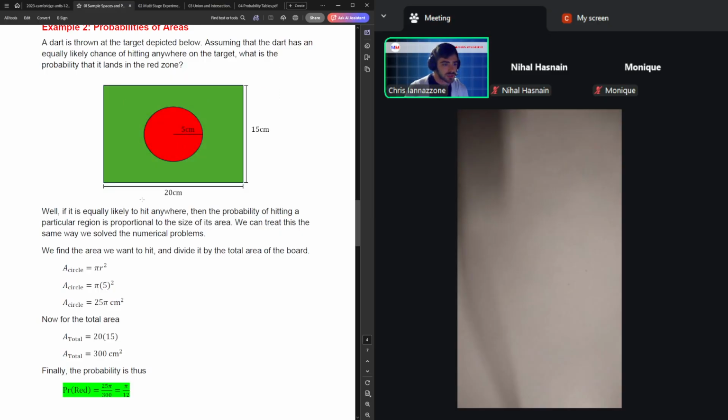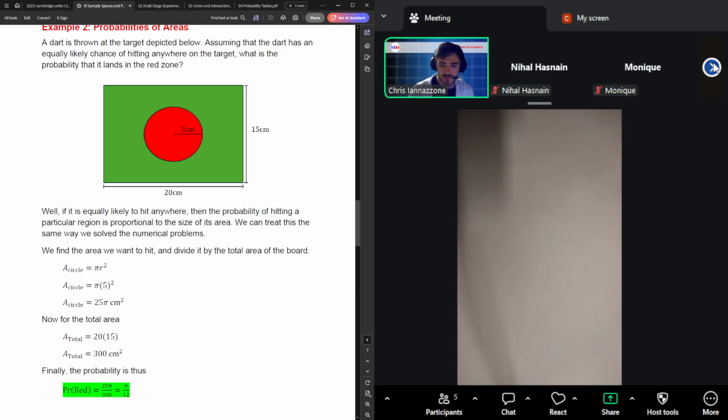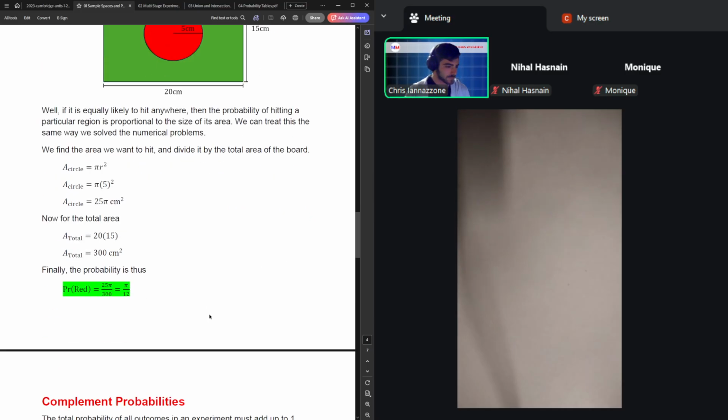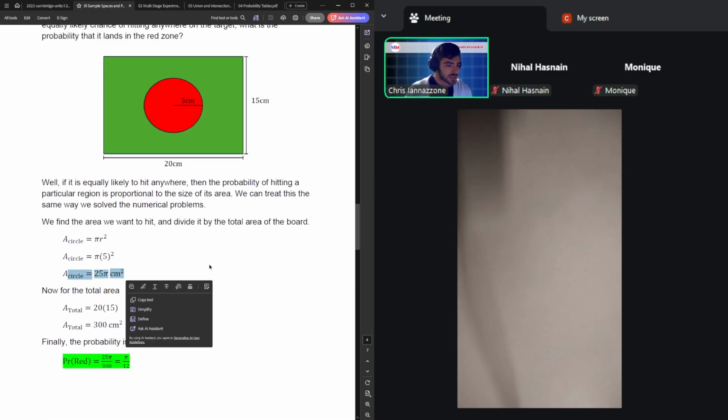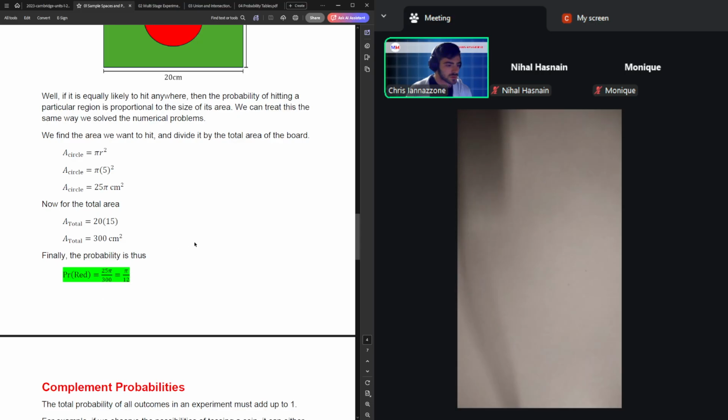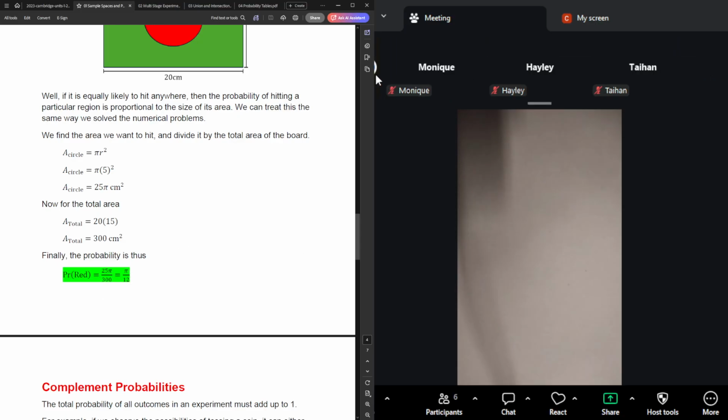We're not going to exclude the red bit from there because we're trying to find the total area of the board itself as a reference of our total sample space. That gets us our two outcomes, divide them up, and you get the probability of what you're looking for.